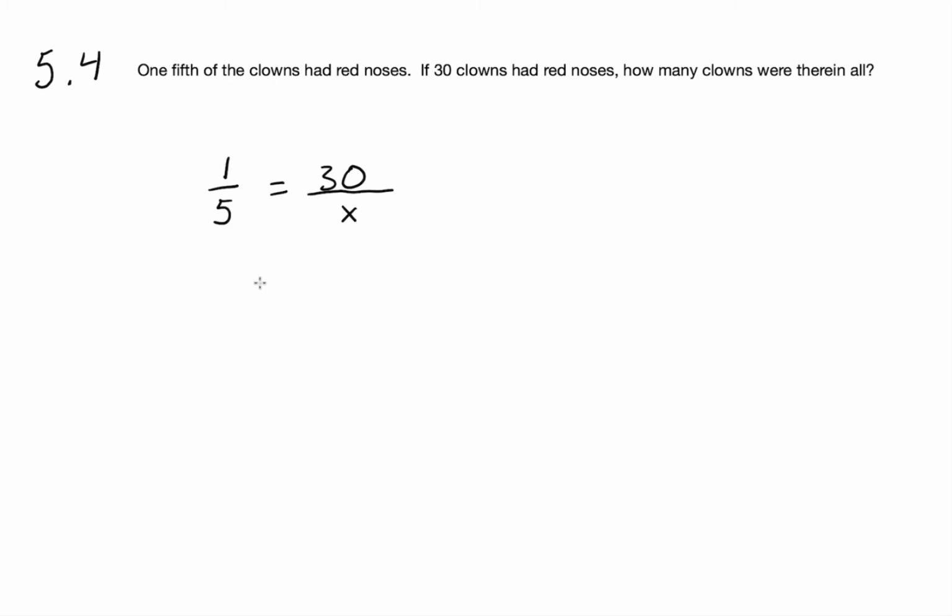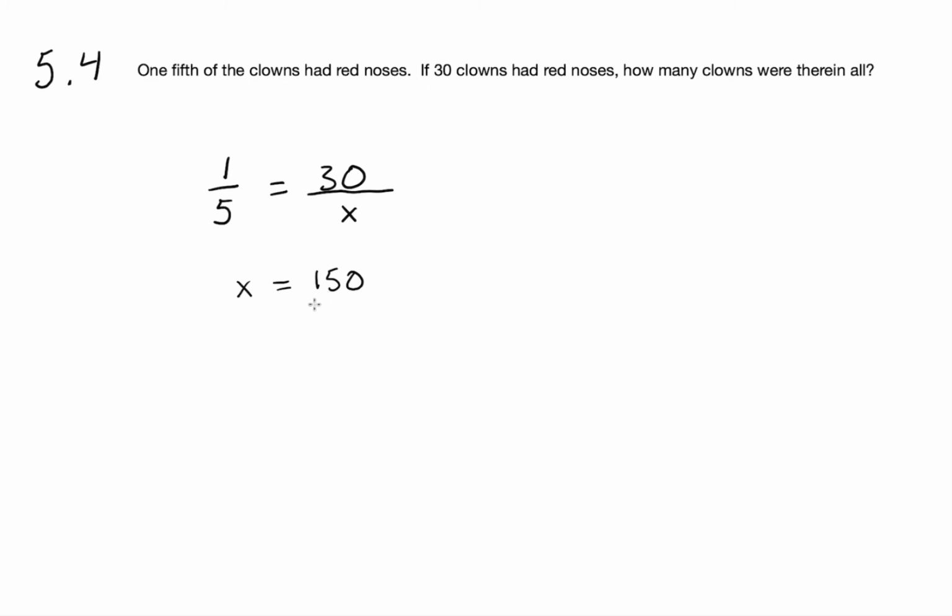So we have 1 times x, that's x, and 5 times 30, that's going to be 150. So there's a total of 150. That's pretty easy to figure out. All right, so we know that 1/5, and we could check that. All we have to do is divide 150 by 5 to get 1/5, right?